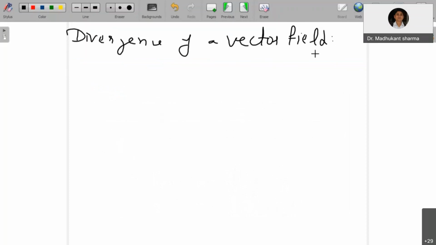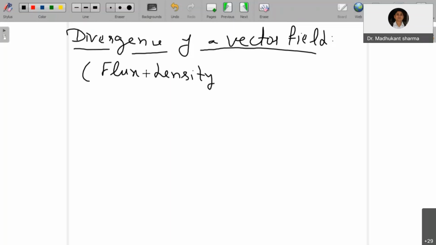This vector field may represent the velocity vector of a fluid flow, a gradient field, and so on. Divergence is also interpreted by physicists and engineers as flux density, the flux density of the vector field at a point x comma y.